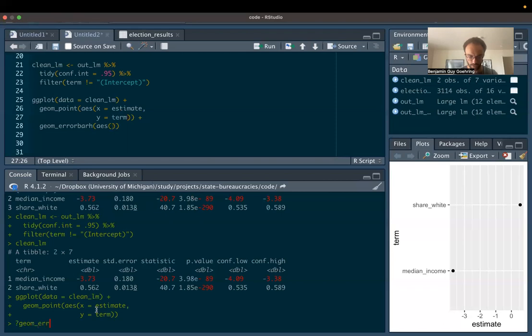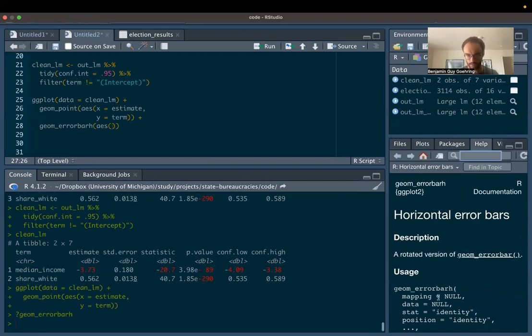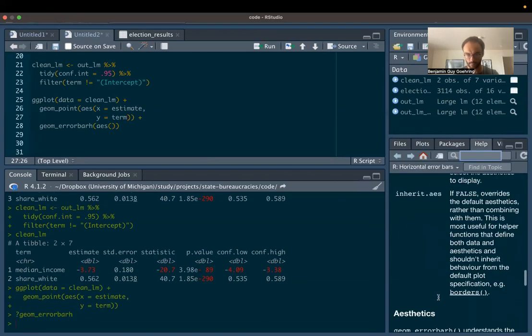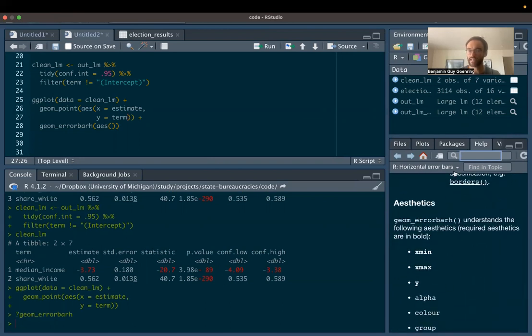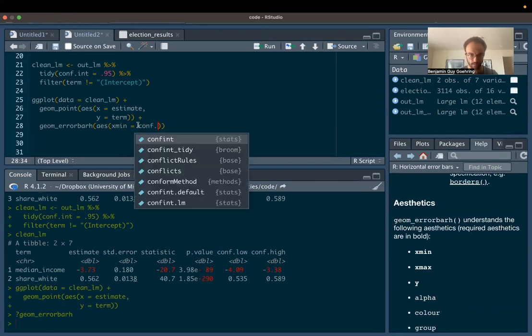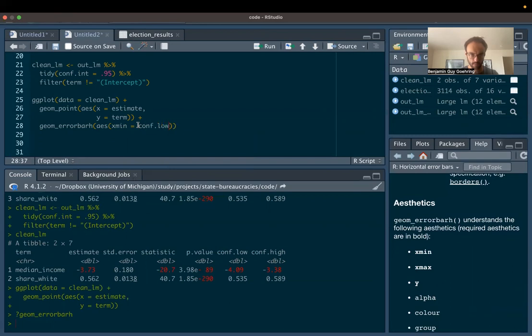In particular, if we look at geom_errorbarh, the required aesthetics here are xmin, xmax, and y. xmin is going to be our lower bound on our confidence interval. xmax is our upper bound. And then what's y? y is going to be term again.